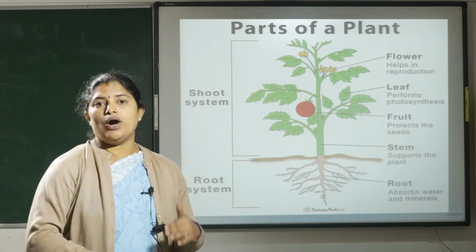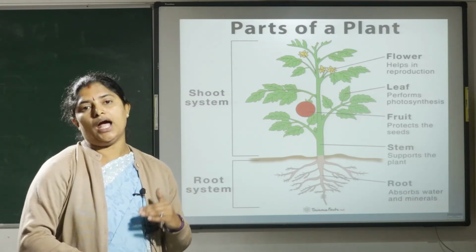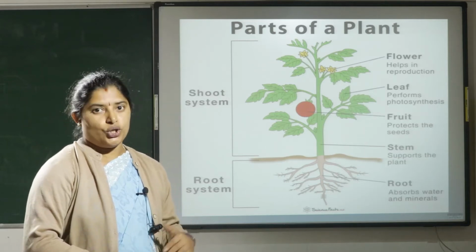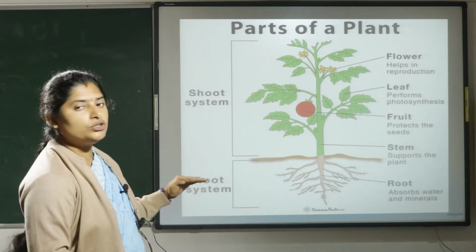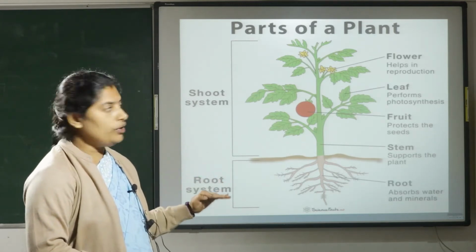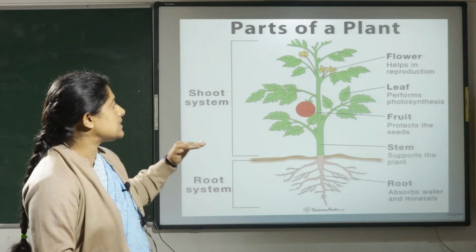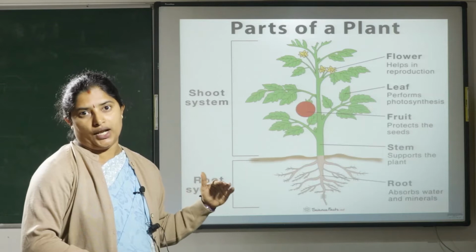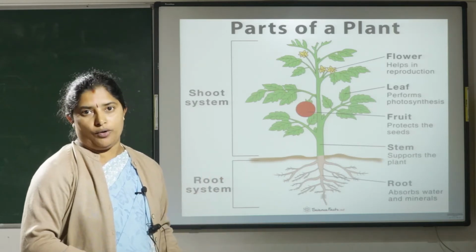So today we are going to study only roots and their functions. Root grows below the soil, under the ground, whereas the stem, fruit, leaf, and flower grow above the soil, above the ground.